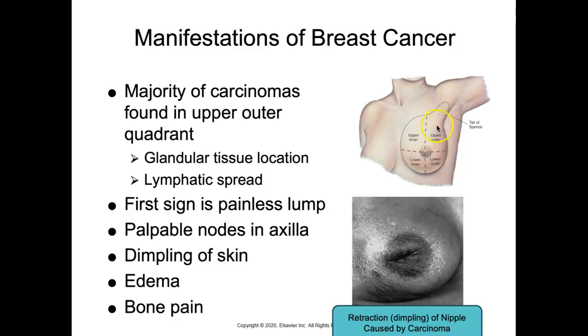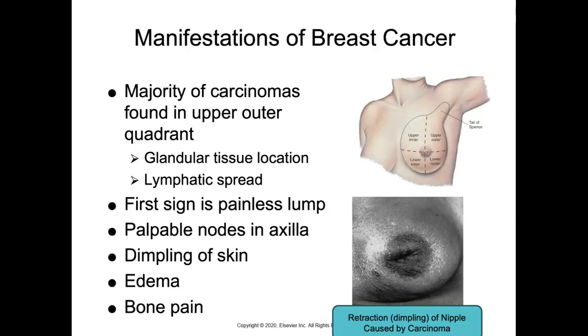And in the upper outer quadrant, we see carcinomas develop more because it's where we have that glandular tissue, and it can easily spread to our lymphatic system because we have so many lymph nodes within this area. And the less common form is going to be in the inner quadrant, which can also spread into our lymphatic system through the mediastinal nodes that are located between our pectoralis major and pectoralis minor muscles.